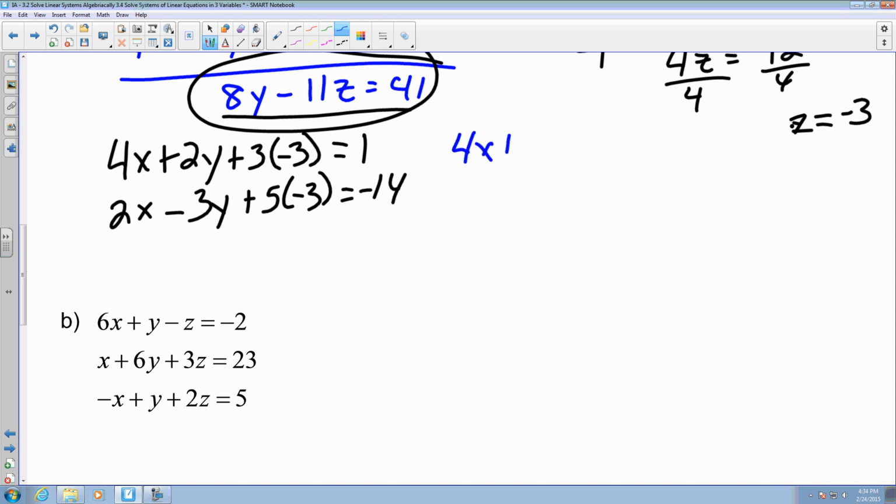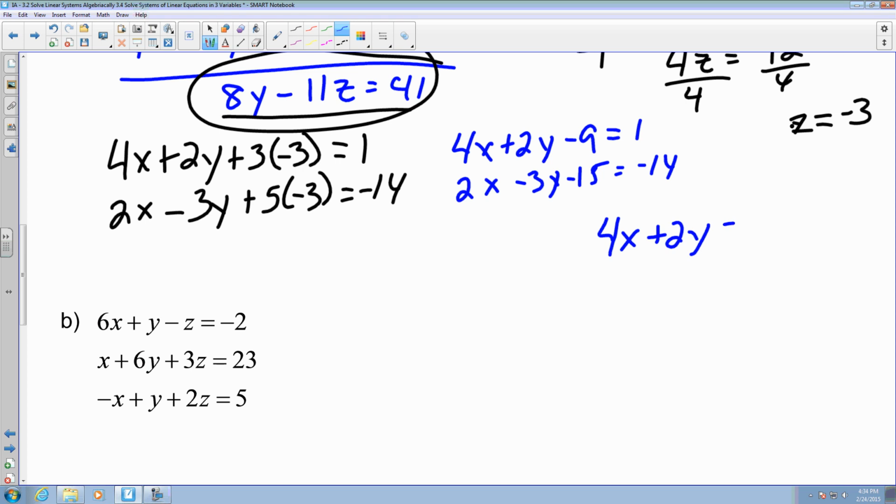So I got 4x plus 2y minus 9 equals 1. And then on the bottom, it's 2x minus 3y minus 15 equals negative 14. So now putting all the constant values on one side of the equal sign, I add 9 to the first equation, I add 15 to the second equation, which then gives me 4x plus 2y equals 10, and then I get 2x minus 3y equals a positive 1.